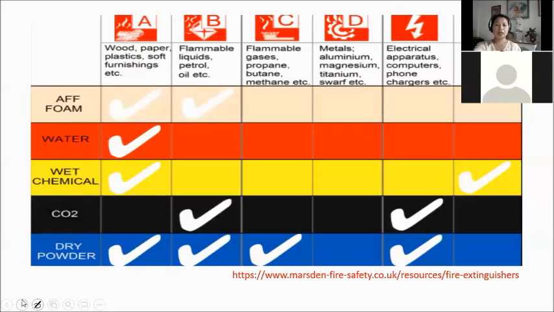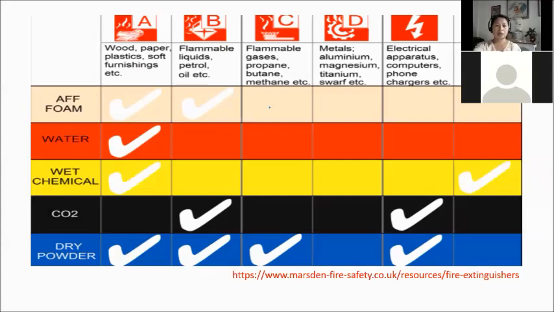Okay. Next, may mga iba't ibang compostable materials. So mga firefighters din, alam nila paano madali na ma-put out yung fire. Wood, paper, plastic, soft furnishing, etc. can be extinguished by foam, water, wet chemical, CO2, dry paper. No? Yung CO2 para sa flammable liquids, petrol, oil, etc. and dry powder.